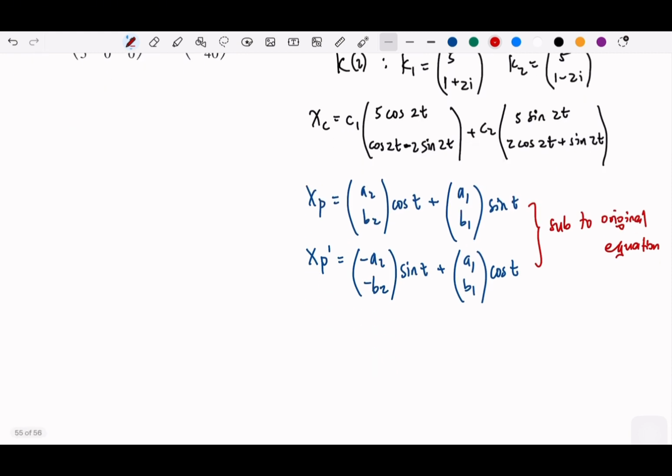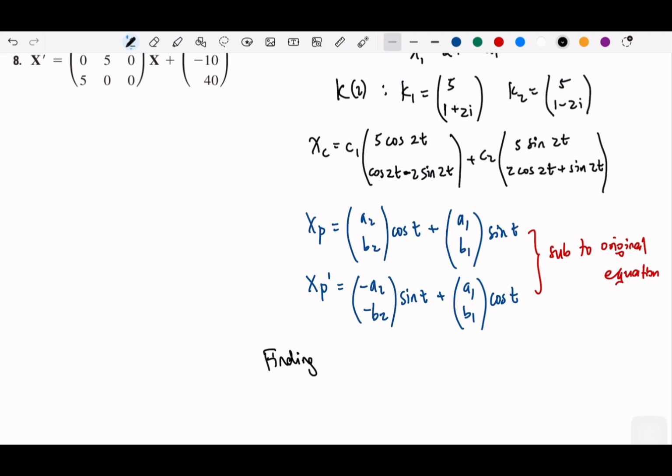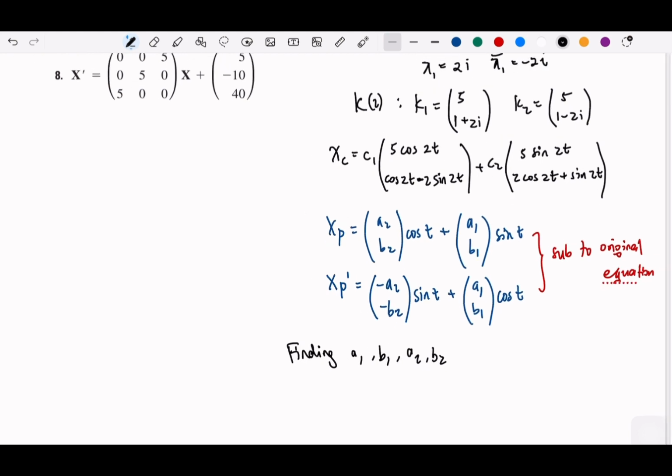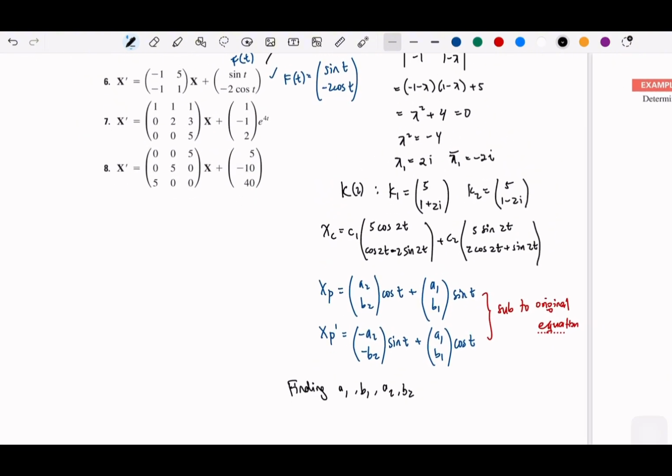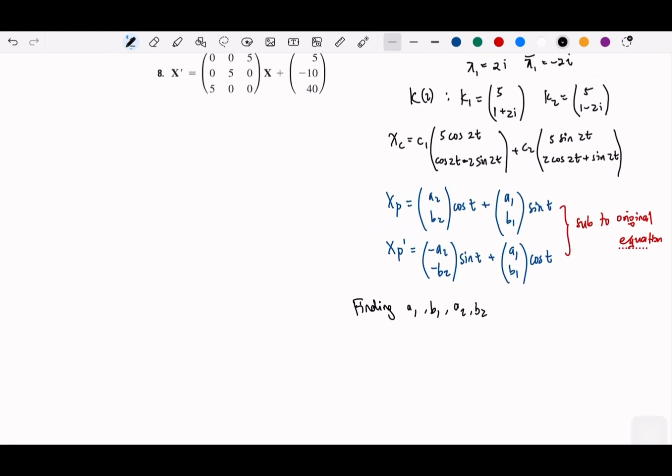And you have a system of linear equations that you need to solve, and then the last part will be finding a1, b1, a2, b2. So I will just write the long equation, but you need to try to find a1, b1, a2, b2.